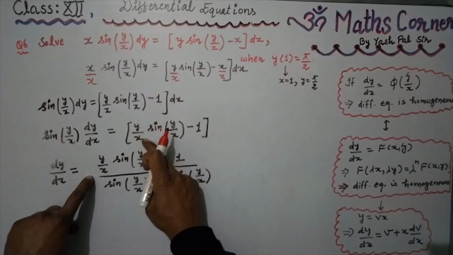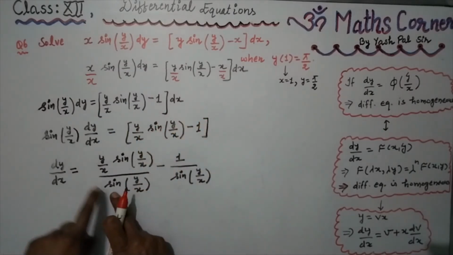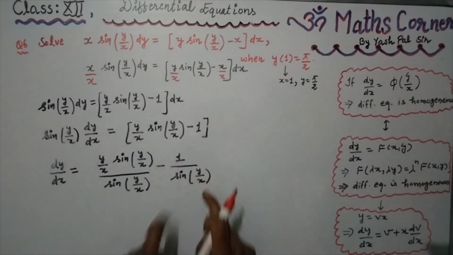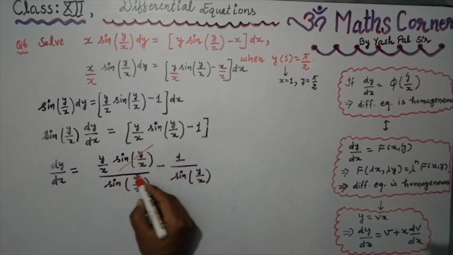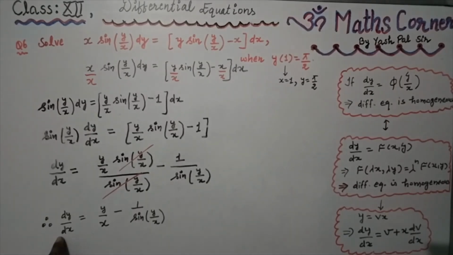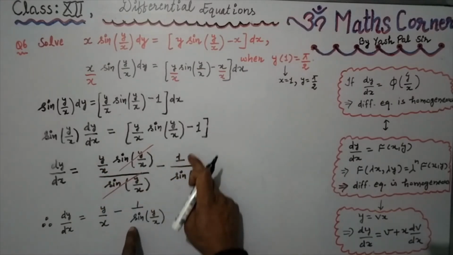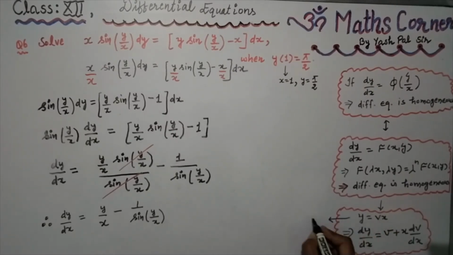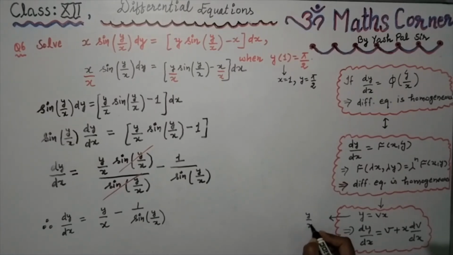Now we divide each term on both sides by sine of y upon x. So dy upon dx is equal to y upon x into sine of y upon x upon sine of y upon x, minus 1 upon sine of y upon x. So this sine of y upon x is cancelled. Now we are left with dy upon dx is equal to y upon x minus 1 upon sine of y upon x. Now we follow this process, put y is equal to vx.